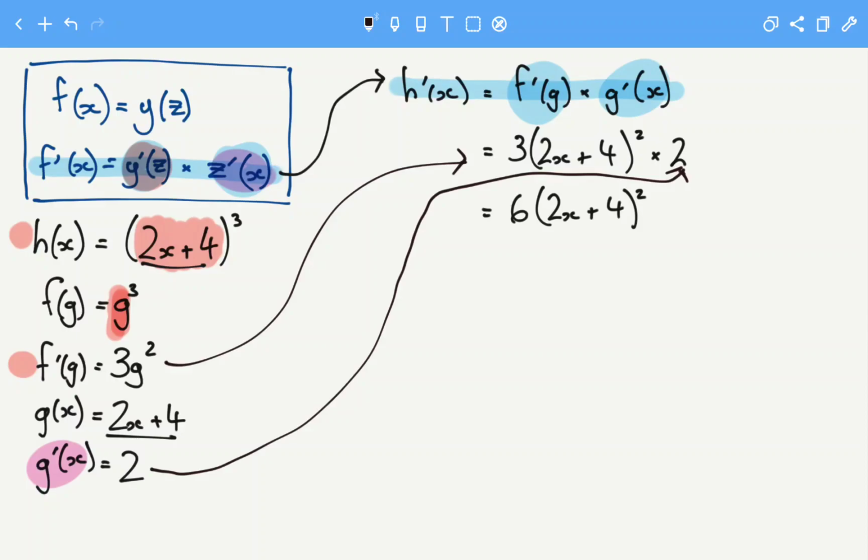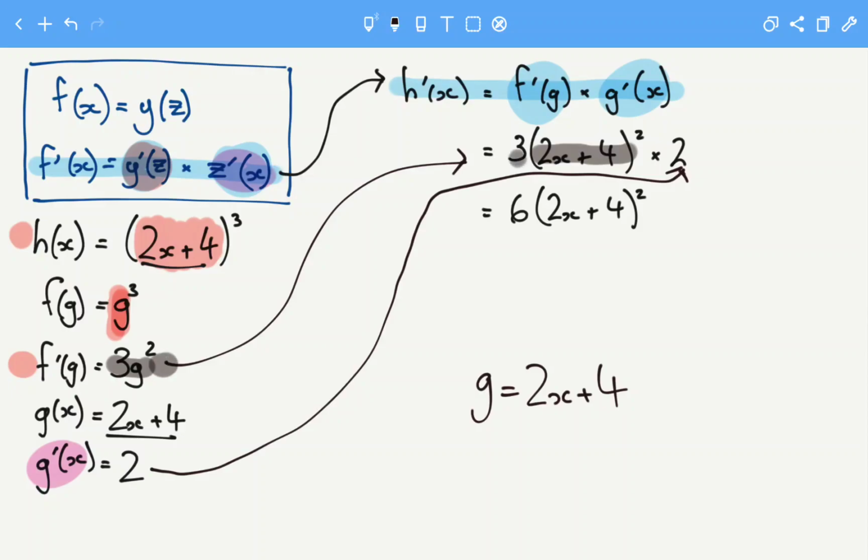And this is the exact same as this. It's just we know g equals 2x plus 4. And so we got 3g to the power of 2 here.